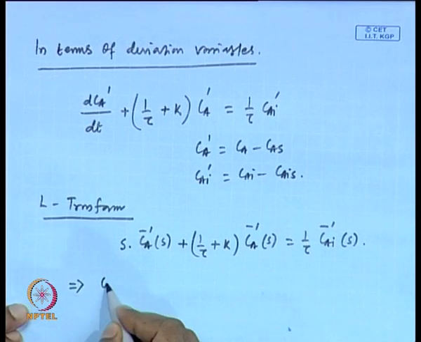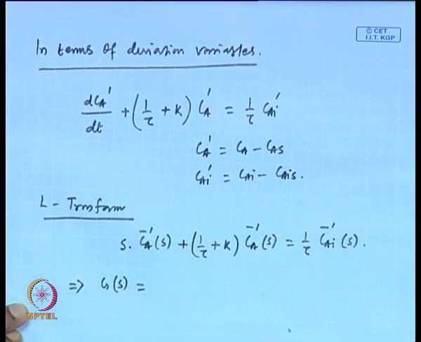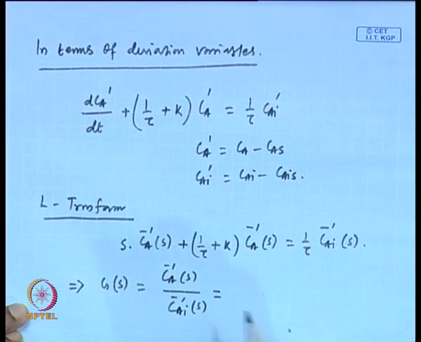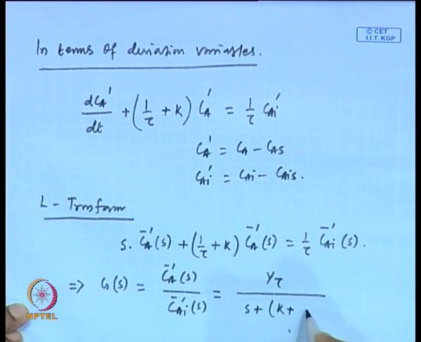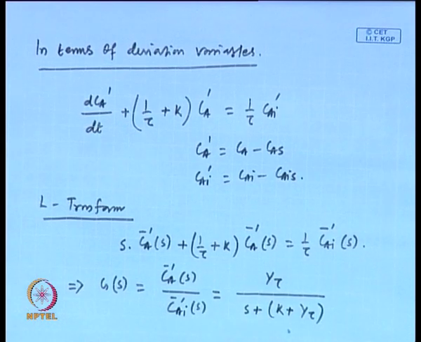Now, the transfer function represented by G(s) equals output divided by input, equal to (1 by tau) divided by (s plus K plus 1 by tau). This is the final representation of the transfer function for the example isothermal CSTR. Fine. This is the transfer function.